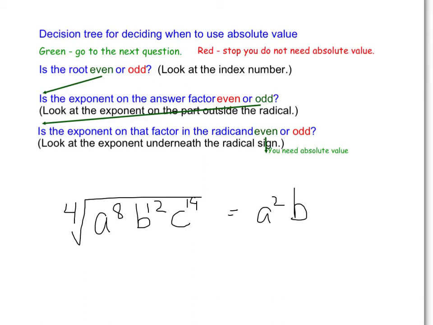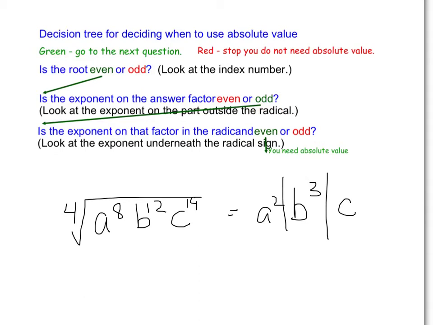The b is a b to the 3rd. That will require an absolute value sign because that's telling us here the exponent on the answer factor was odd, so we needed the absolute value. And then we're going to look at the c. We end up with a c to, what did I say, 19?